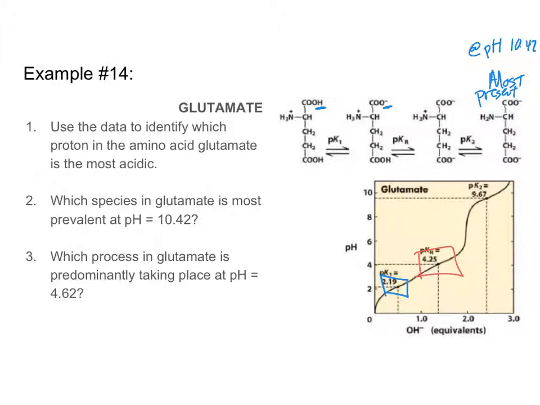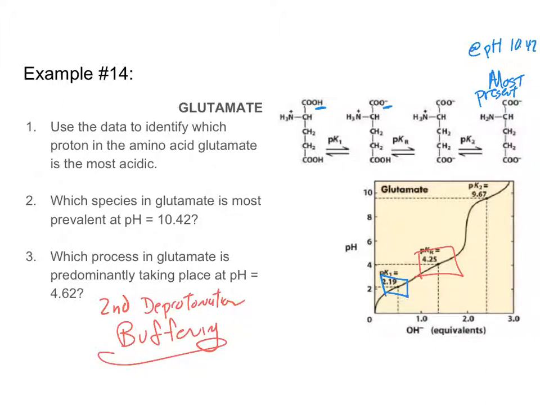It would be the second deprotonation, but you could also probably call it buffering as well. Because as you pull a proton off, you start to produce conjugate base and you have that buffer zone, right? You follow that? Okay. So that's kind of where I'm at.